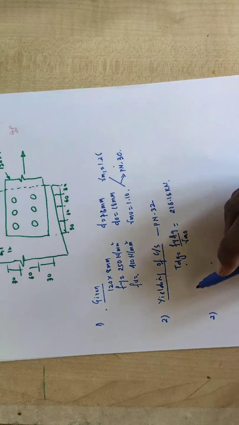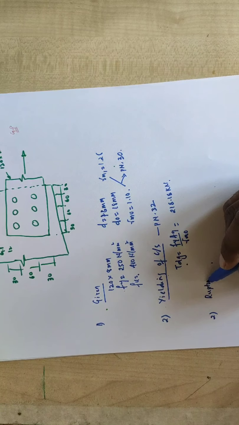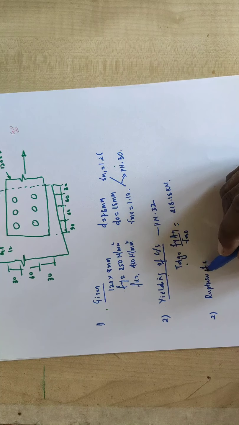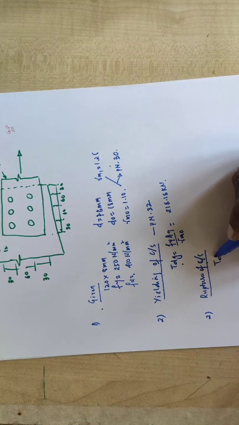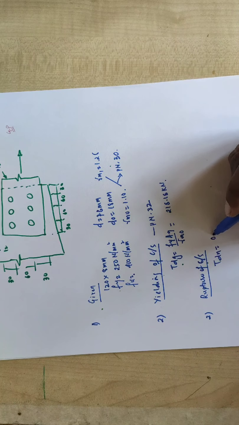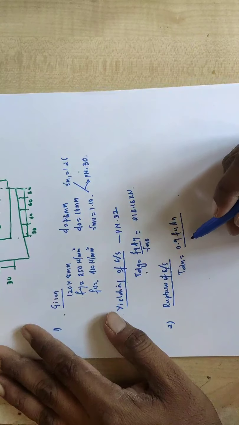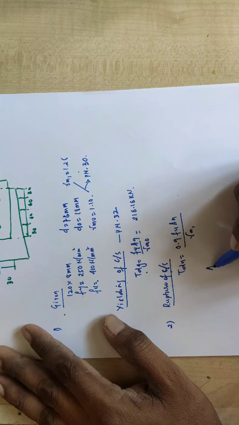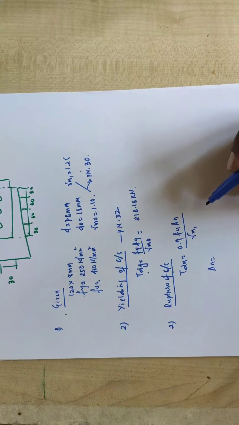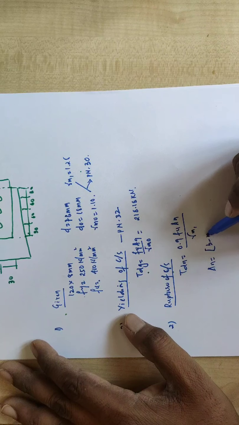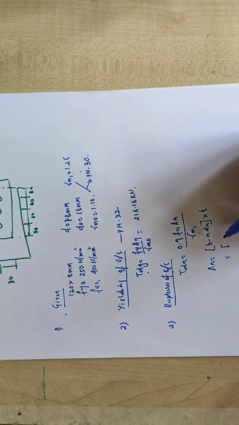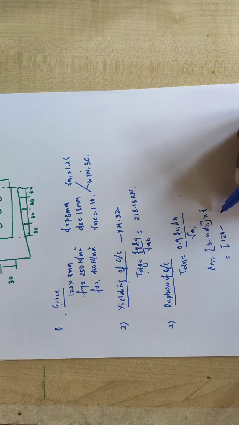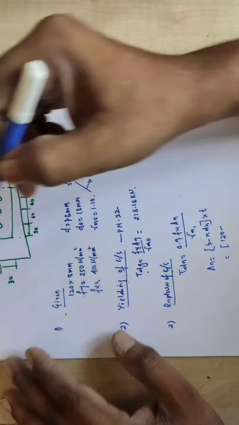The second thing we have to calculate is rupture of critical section. You know that from the last class: Tdn is equal to 0.9 Fu An divided by gamma m1. What is An here? There is no zigzag bolting here, so you directly take An as (b minus n d0) into t. The b value is 120, and for n, the number of bolts, we consider only any one section.